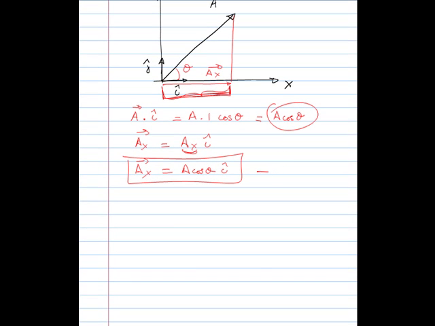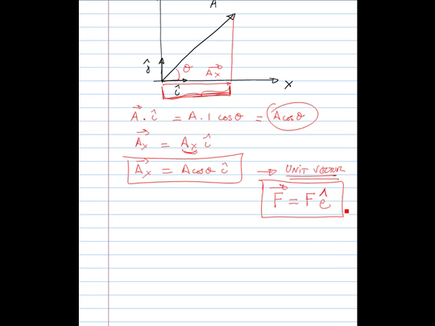This is also known as the unit vector notation, because it takes any vector and can be expressed as its magnitude times, in general, its unit vector. So this is the most general form, e being the unit vector in any direction.